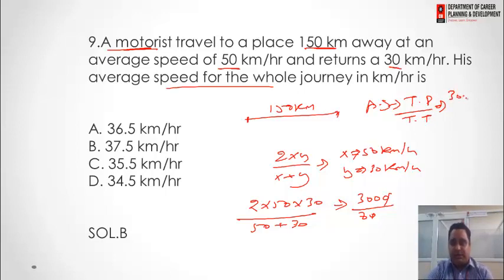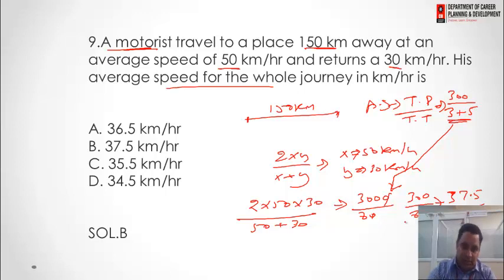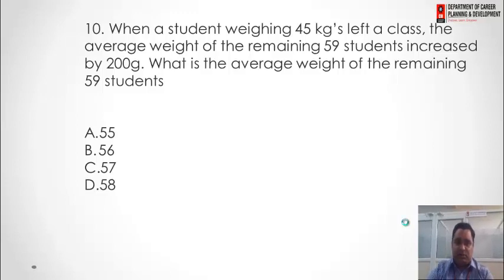The total distance becomes 300 kilometers, whereas the time taken for the one side journey is 150 by 50, that is 3 hours, and for the next one 150 by 30, that is 5 hours. This also gives the same equation, 300 by 8, which gives 37.5 kilometers per hour. So friend, this is the solution for this question. We have 2 different ways to solve the same question.